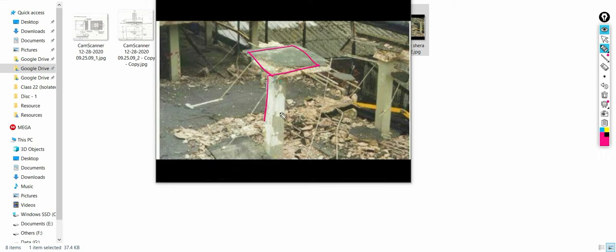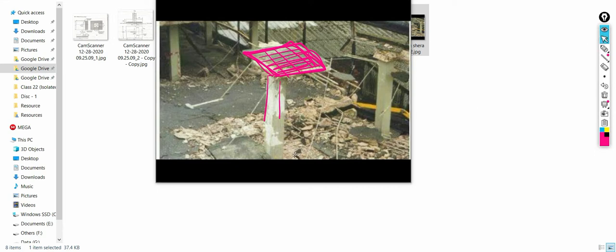Initially this part was part of the slab, but because of the punching shear, the column punched through the slab, and you can see one rectangular chunk of the slab along with the column that just passed through the slab. This kind of shear failure might happen.